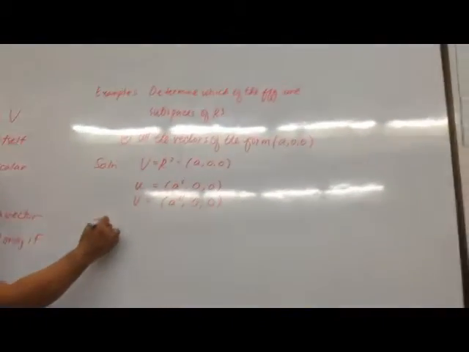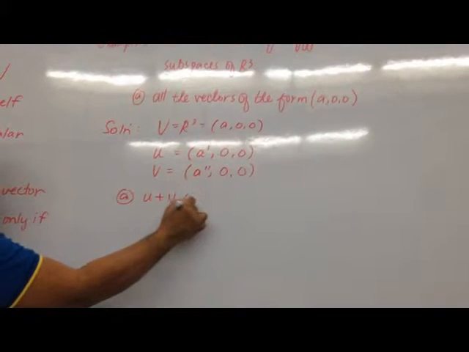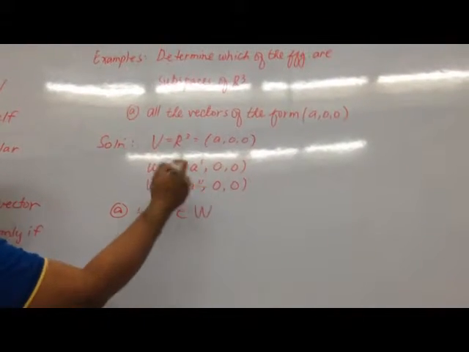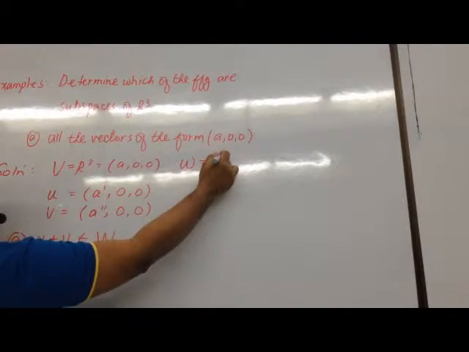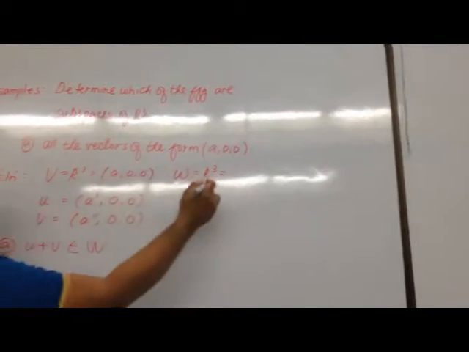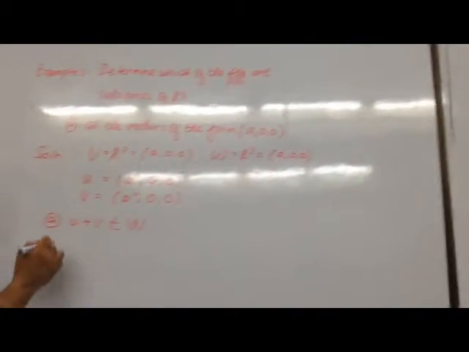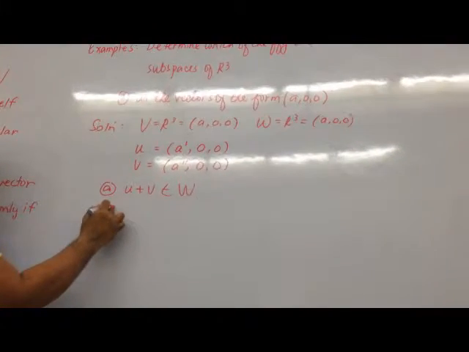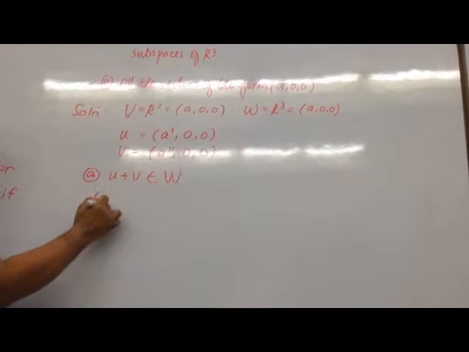So the first condition is that we have u plus v is an element in W. By the way, this will also now be your W, class, still the same as your vector space V, with components (a, 0, 0). Okay? So let us now identify the components of your vector u and vector v.